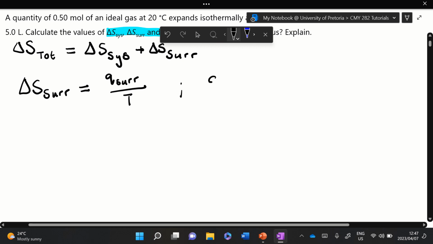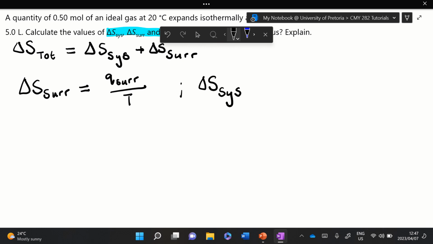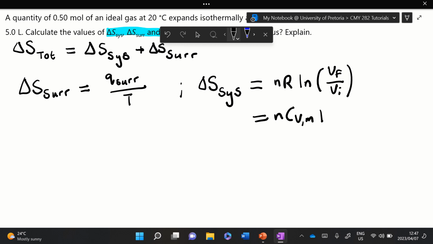And then delta S system. We have one or two equations, right? So we know it's either nR ln Vf over Vi, or it can be n Cvm ln Tf over Ti.